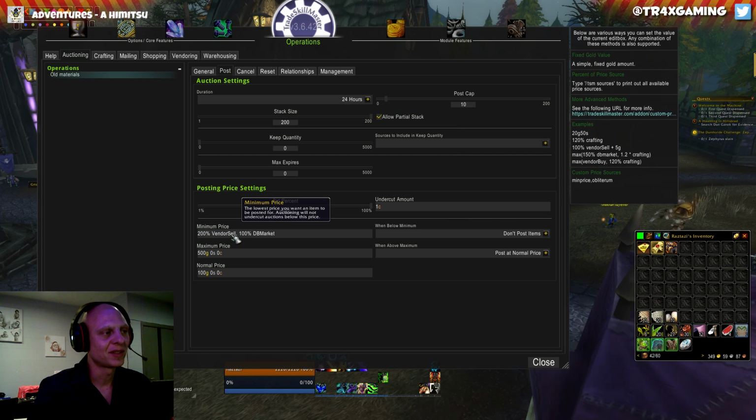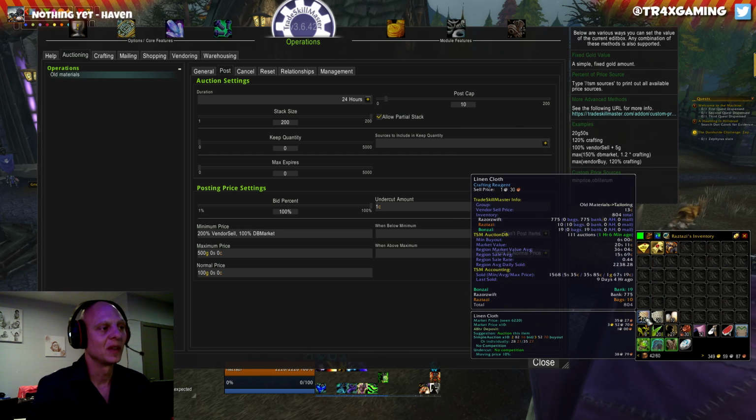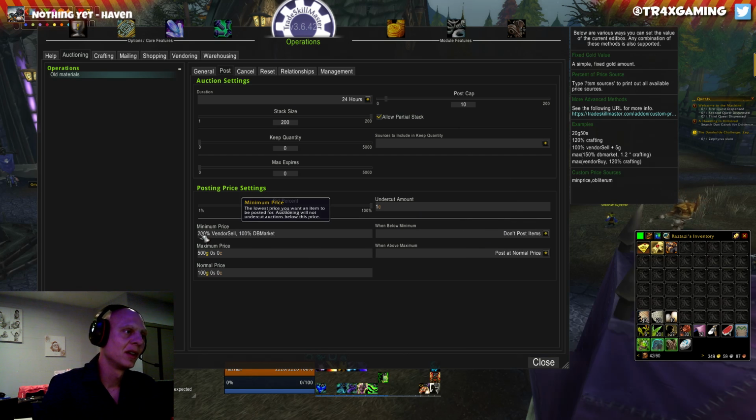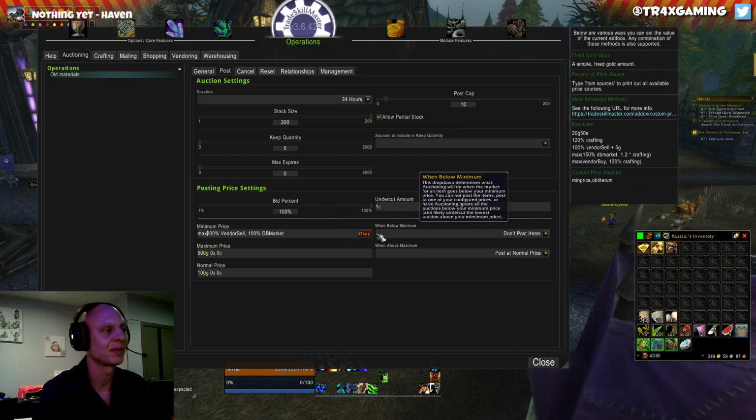So let's say vendor sell right now is 26 copper. Let's say 100% DB market drops down below 200% vendor sell, below 26 copper. So it goes to 20 copper market value. TSM doesn't know which value I will pick. So if I say maximum, I open hook, close hook.